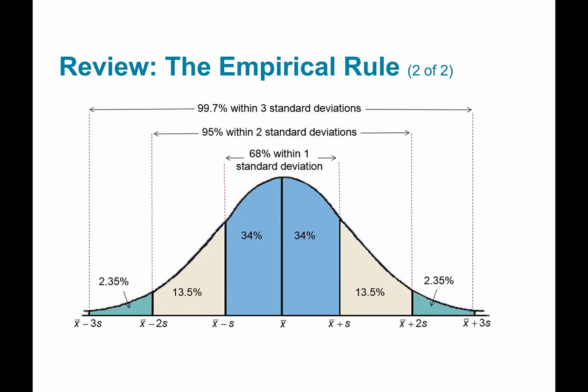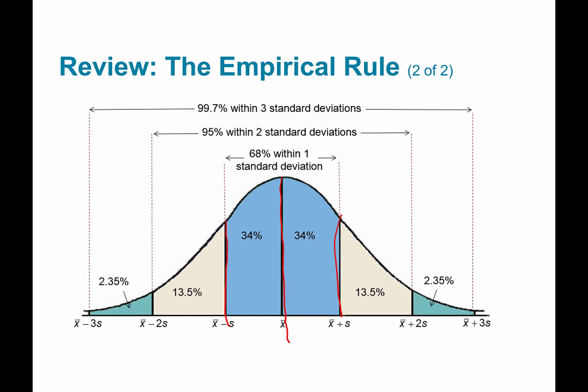In pictures, remember, if this is your normal distribution, then you have 34% of your data within the mean and 1 standard deviation on either side. And combining those, we get the 68%.